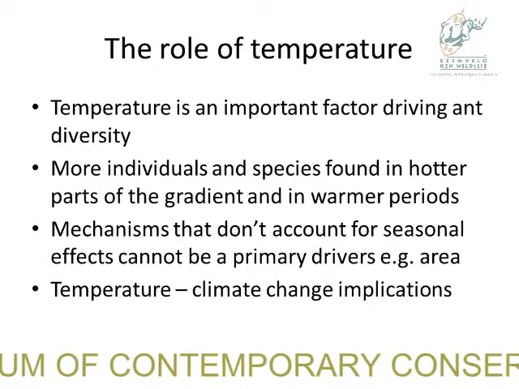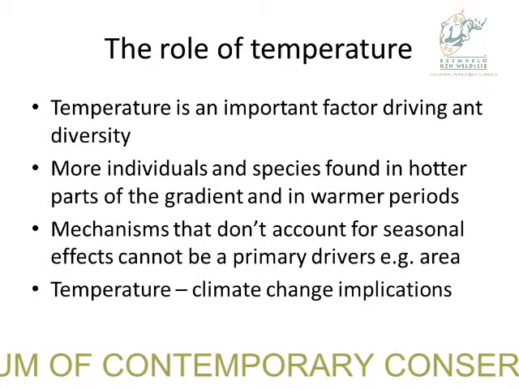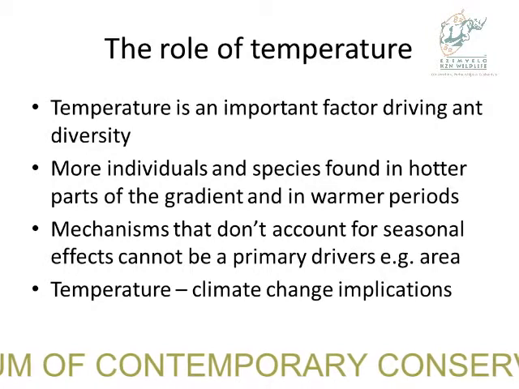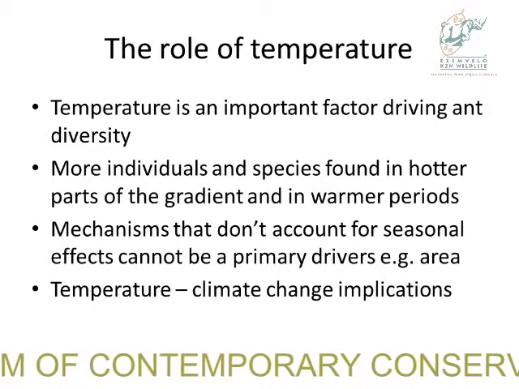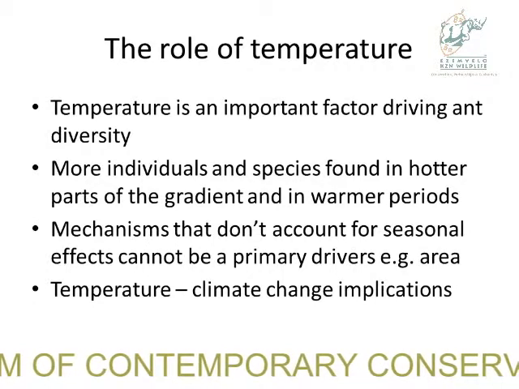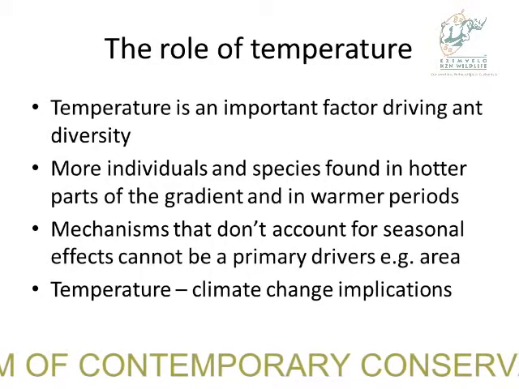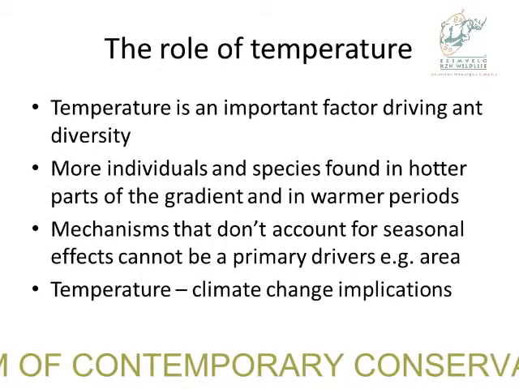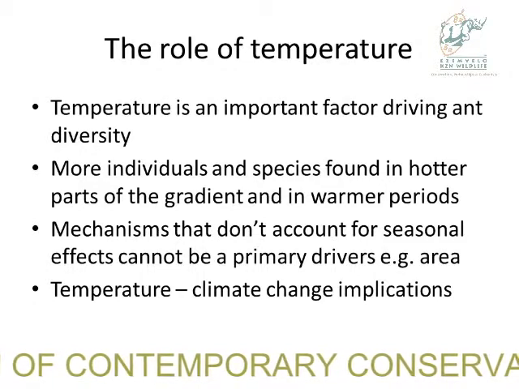An important point to highlight here is that mechanisms that don't account for seasonal effects can't be primary drivers. So area doesn't change across season, but yet the patterns change. So therefore, it's not possible that area is actually the mechanism driving the pattern. So it's clear to us that temperature has quite an important influence in driving these richness patterns.